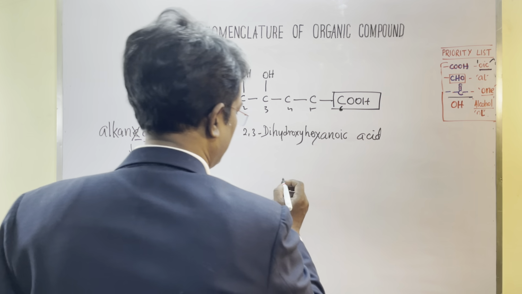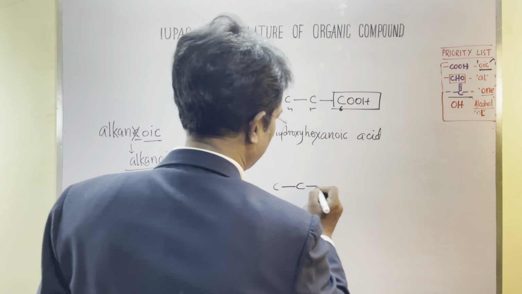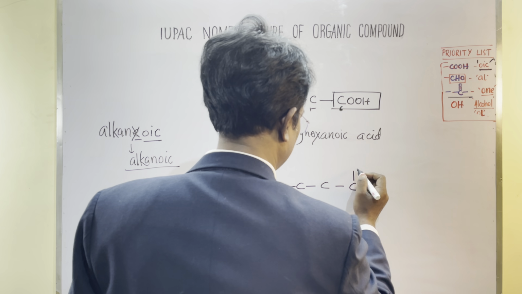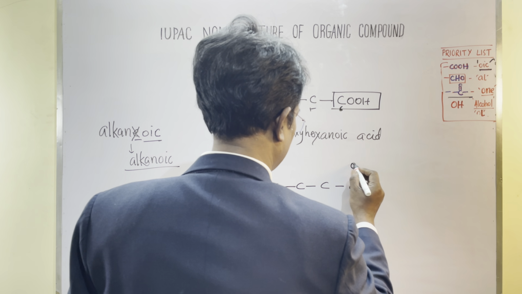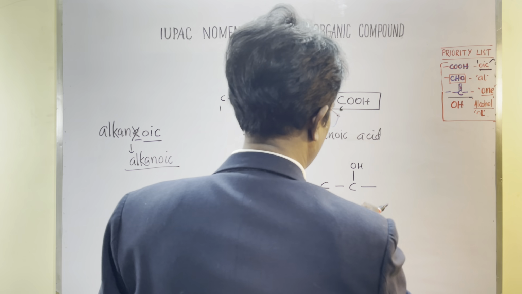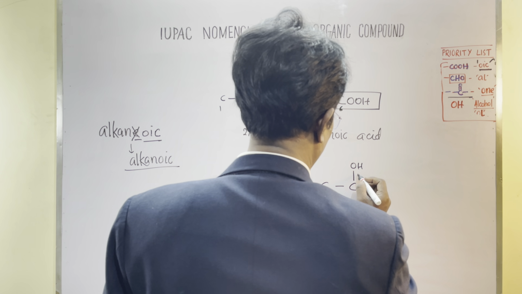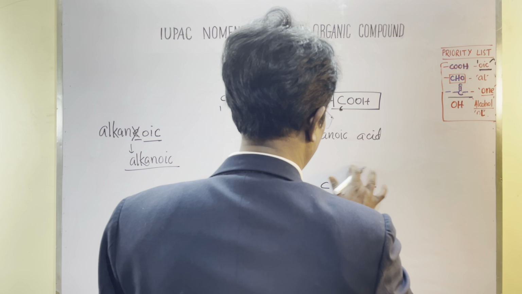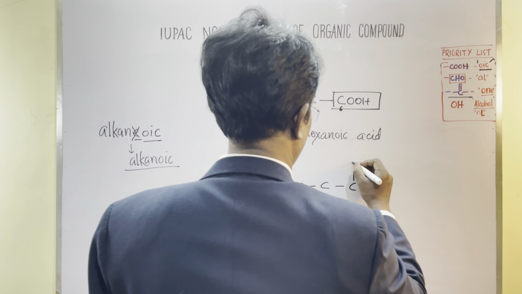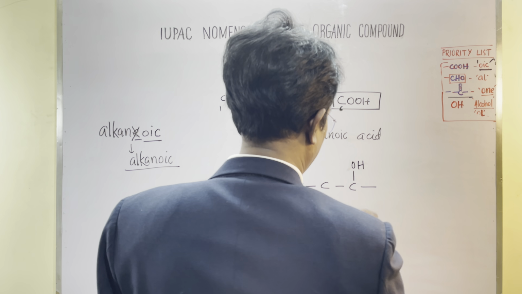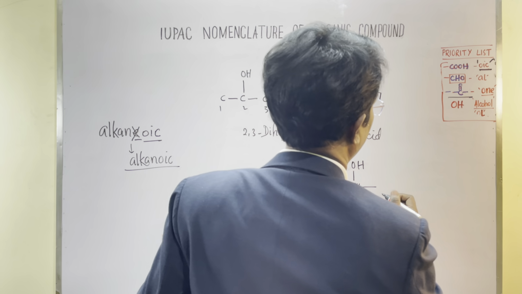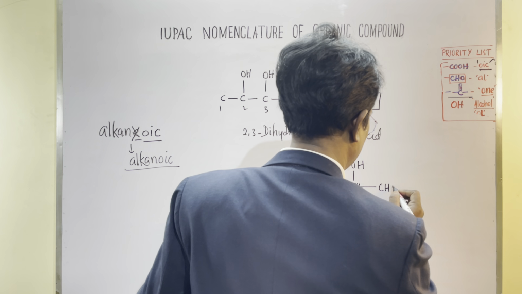Now, another example. OH, which I can attach here, and it can't have a double bond here; single bond is fine. And one more H here, and then we have, say for example, CHO.